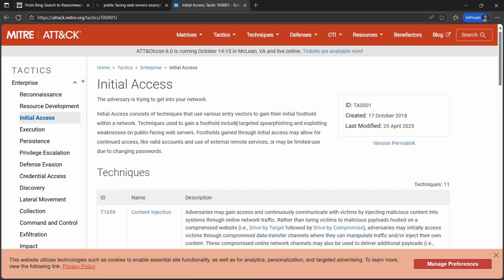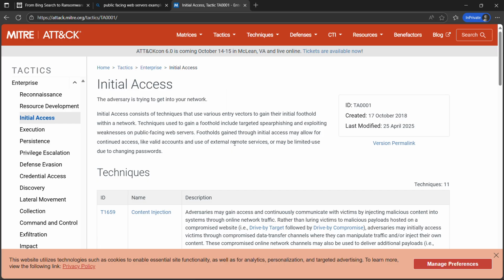Techniques used to gain a foothold include targeted spear phishing and exploiting weaknesses on a public-facing web server. So basically, e-commerce companies are targeted by this because they're the ones that have public-facing web servers, right?